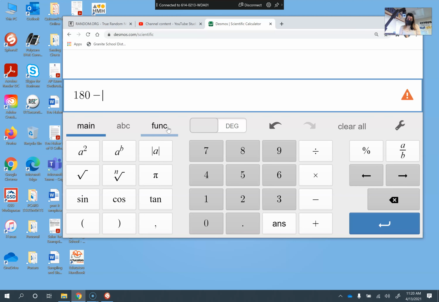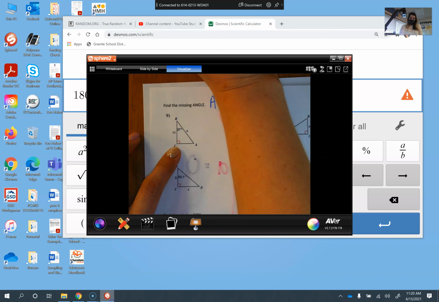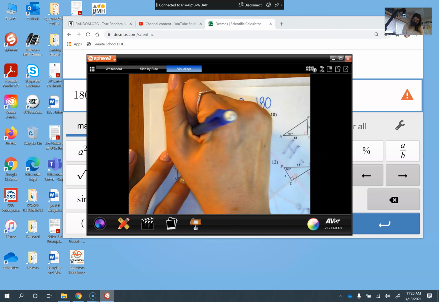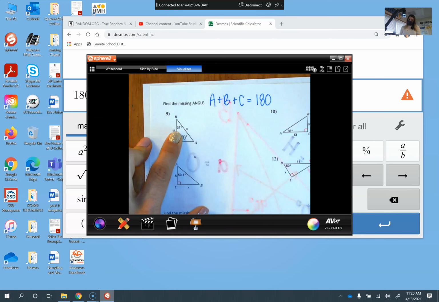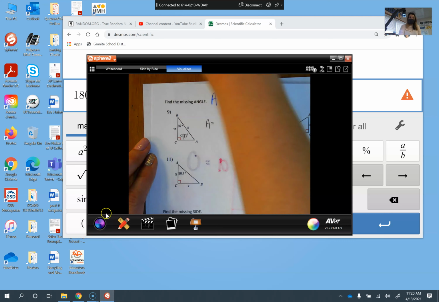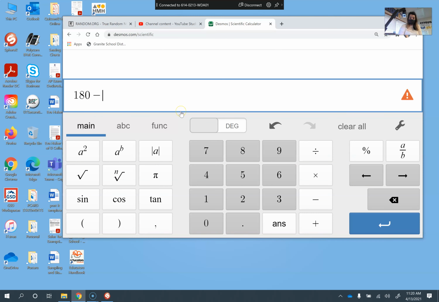So they gave us the right angle, it just has the little square on it. So they gave us, this is 90 degrees, and they give us 37 degrees. So that means angle A that's missing, we just have to type in 180 minus 37 minus 90.